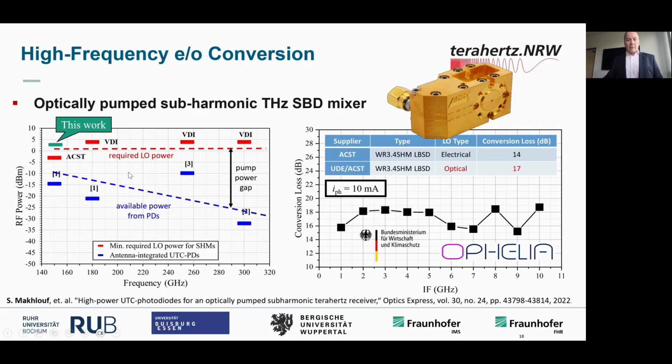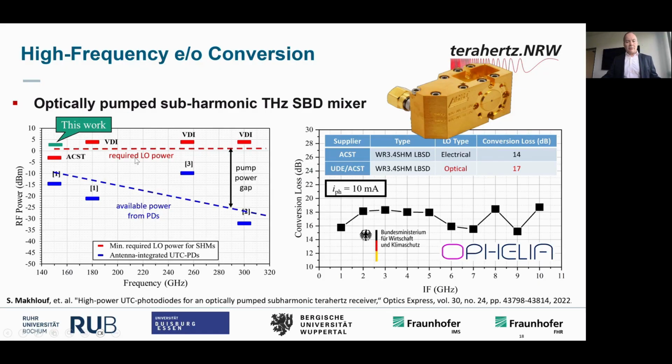Now with the new high power photodiodes that we developed, you see the green, for example, for a subharmonic 300 gigahertz mixer. That means the LO frequency is only half, 150 gigahertz. At 150 gigahertz, we are above the required LO power for this mixer type.